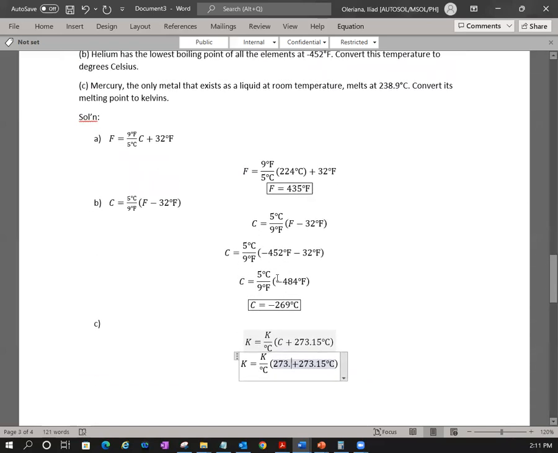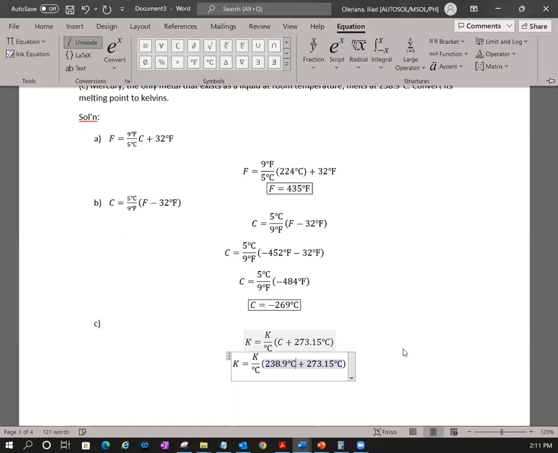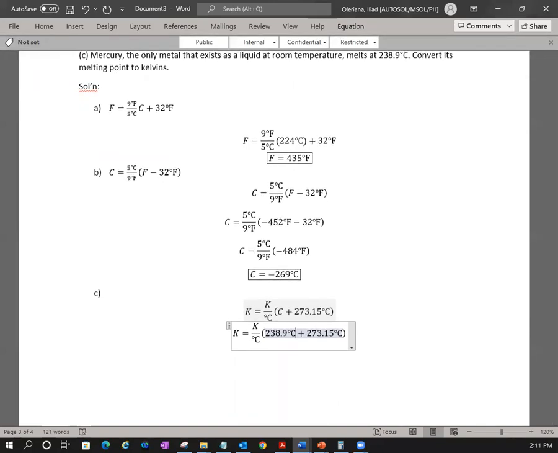Ay, mali. 238 pala, sorry. 238.9. And that is in degrees Celsius. Yan. So, dimensionally correct naman siya. Dimensionally consistent. So, ang magiging final answer dapat niya is pag kinompute mo siya, ay, eto na.